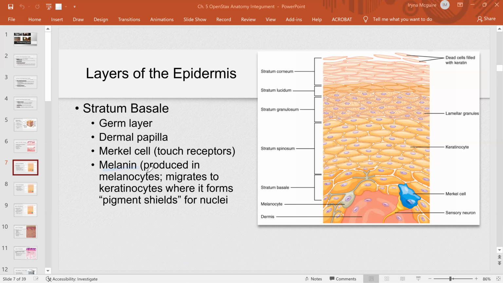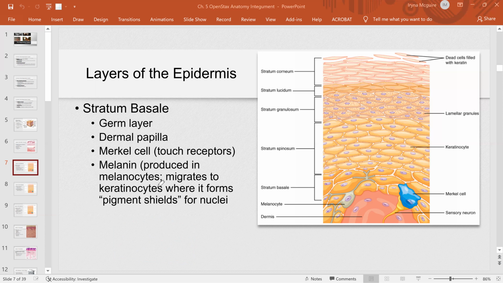Melanin is a pigment that migrates into keratinocytes, and it forms a shield around the nucleus. So it protects the nucleus from radiation from the sun.